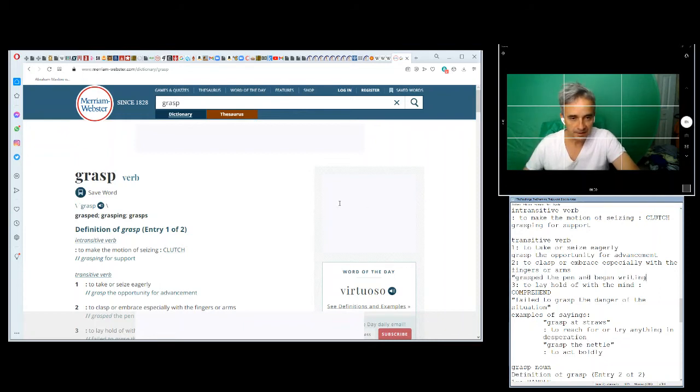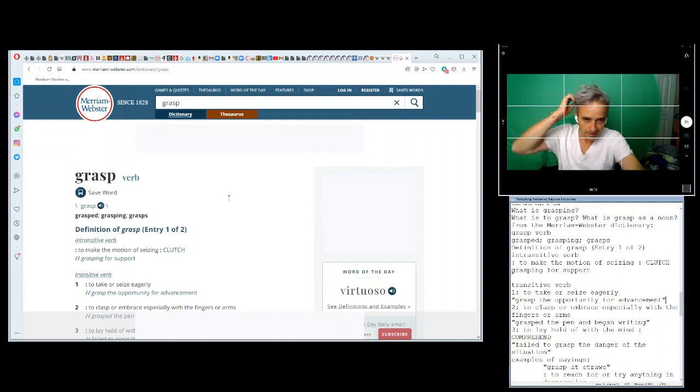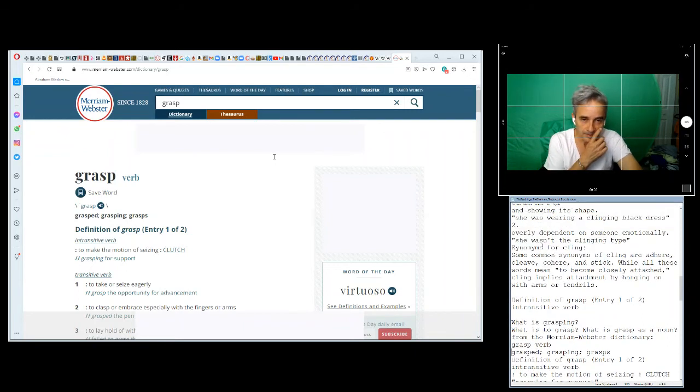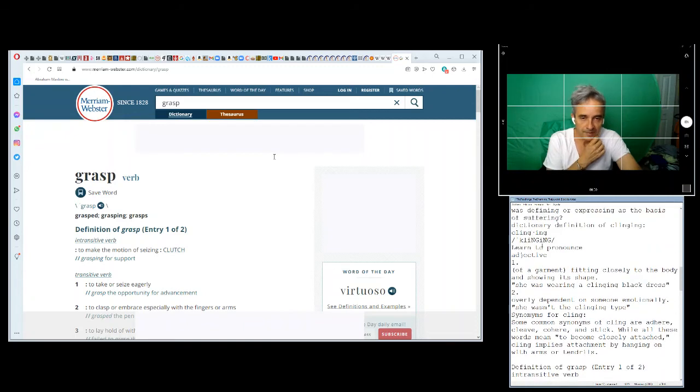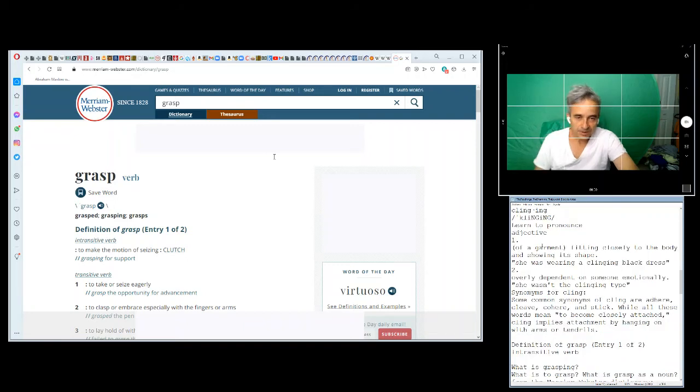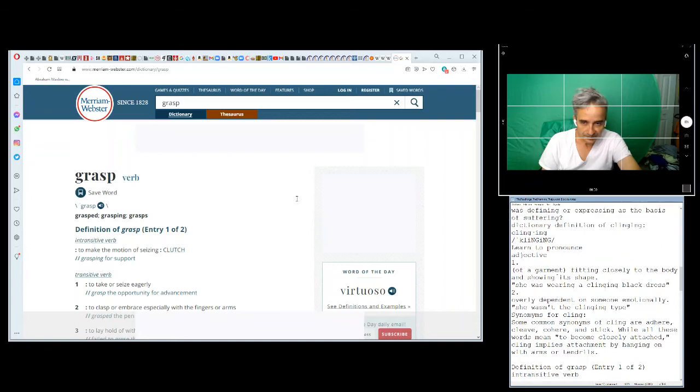aggregates. So in the case of the aggregates, see, a khanda could be a pile, a bundle, a heap, a mass, a trunk of a tree, but the Buddha gave the word a new psychological meaning. What meaning was that? The clinging khandas. Oh.